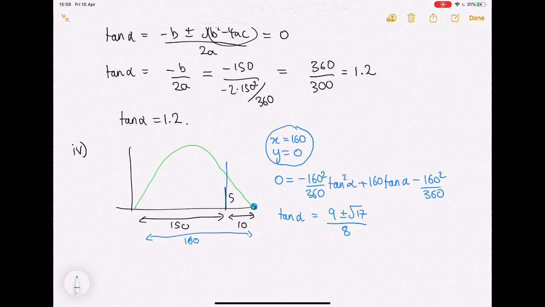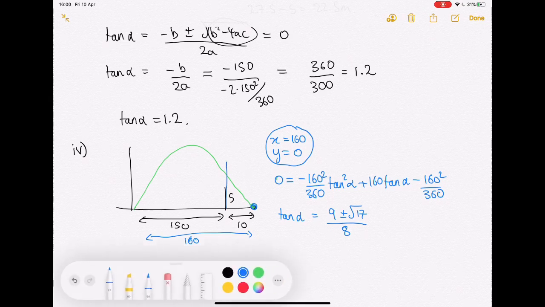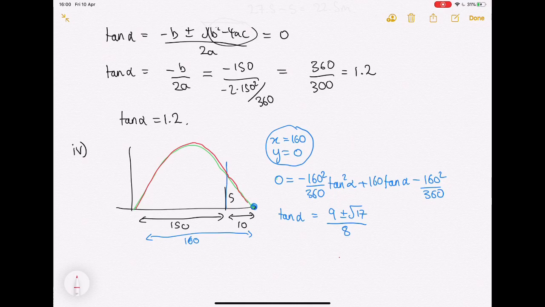It's a little bit strange that we get two values of alpha here, but if we stop and think, it shouldn't be, because again we have the situation where the ball goes really high and down into the hole, but we also have a situation where the ball goes really low and down into the hole. And we're asked for what is the maximum value of the tree where it's possible. So it doesn't really matter about the low one, because it's still possible for you to take the high shot and get it into the hole.